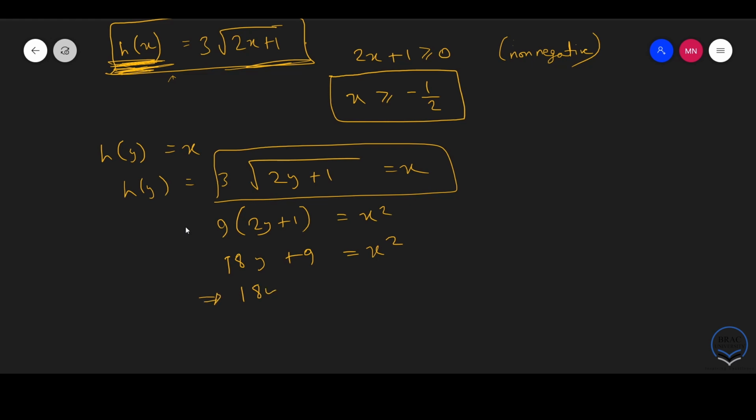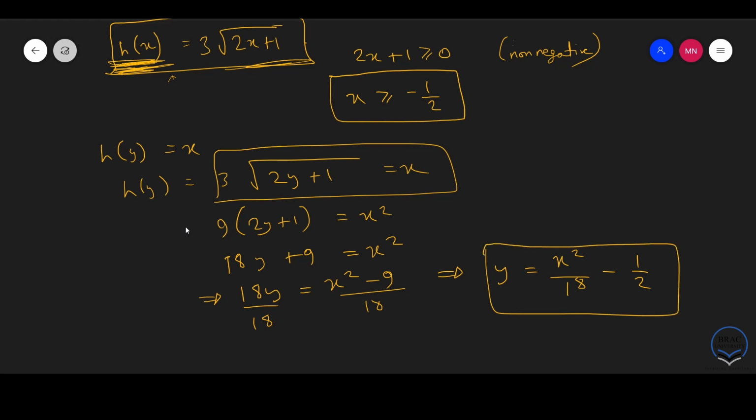This gives us 18y equals x squared minus 9. Divide both sides by 18. So we get y is equal to x squared over 18 minus 9 by 18, which is just half. So this should be our inverse function of h of x.